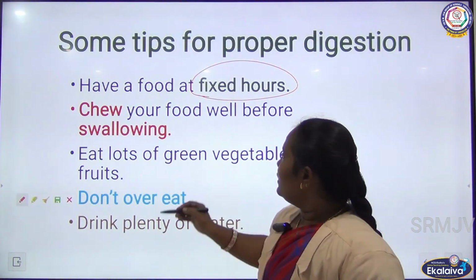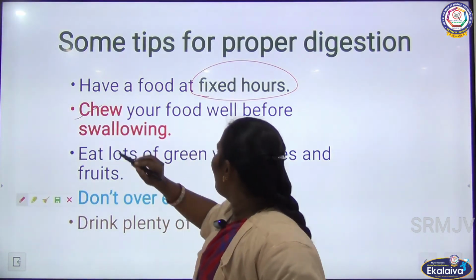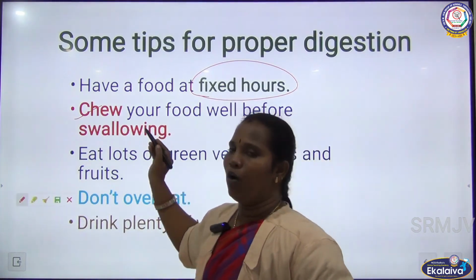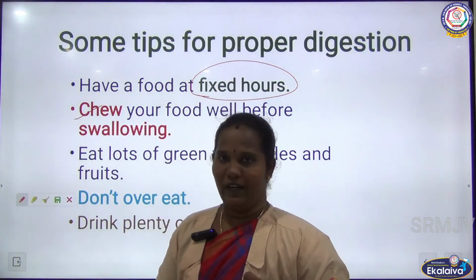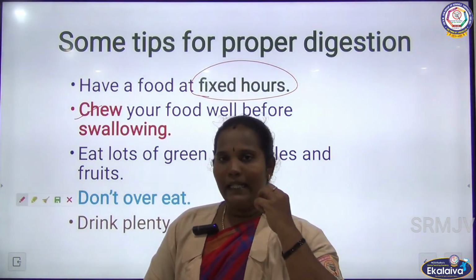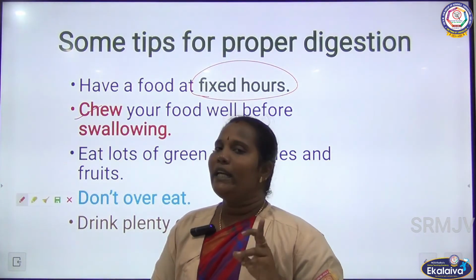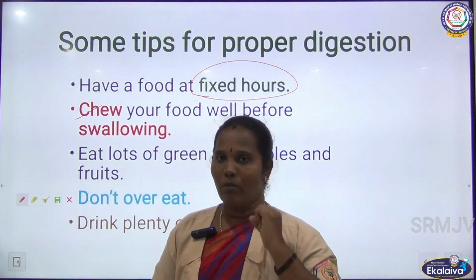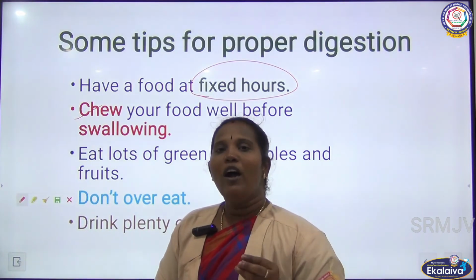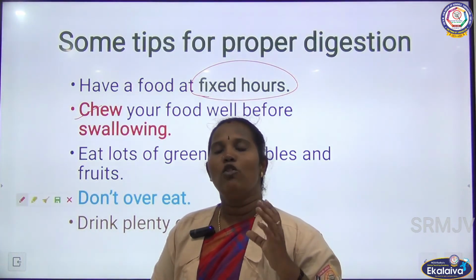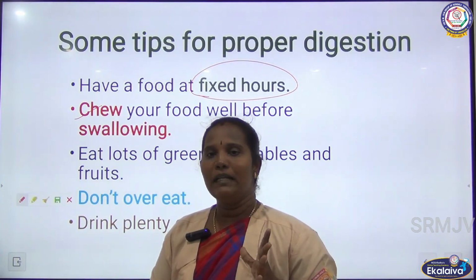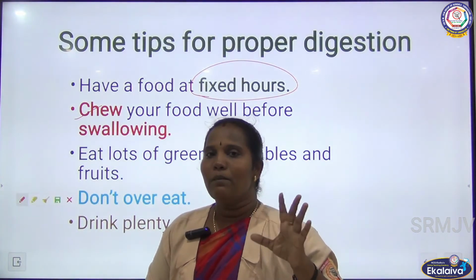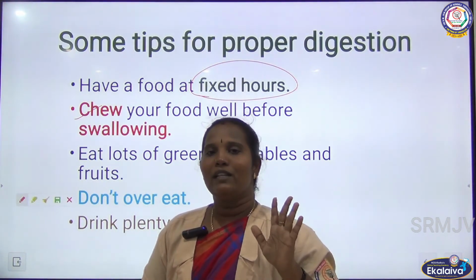Okay, next one, chew your food well before swallowing. We should chew our food. We have teeth in our mouth, no? I told you 25% of the digestion happens inside our mouth. So if we swallow our food without chewing, the digestion takes very long and it is very difficult.